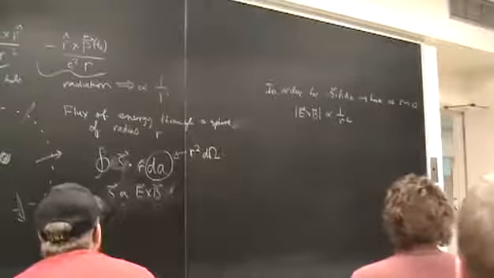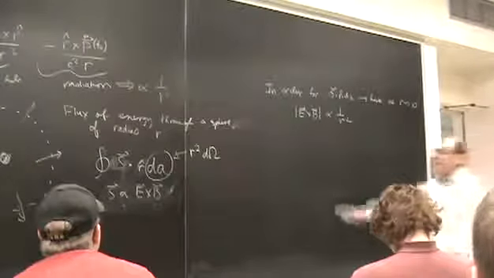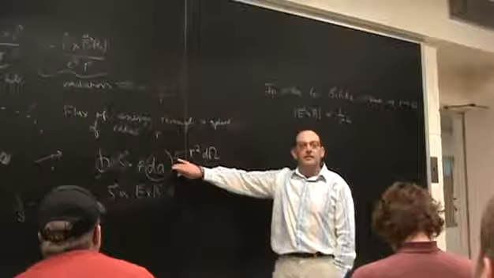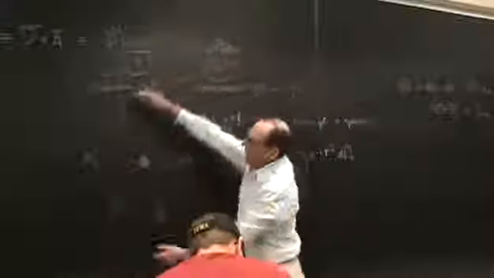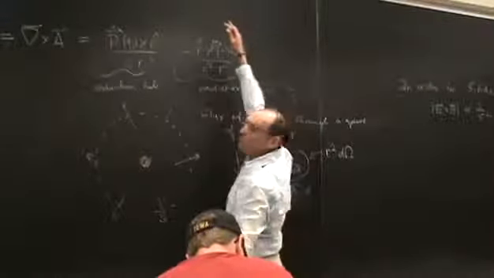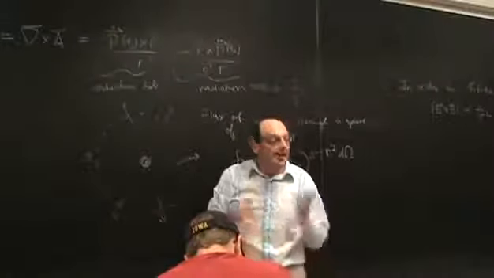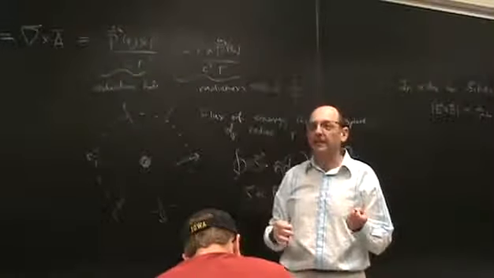So that the product of E cross B and this is a constant, so that whatever energy is radiated through that surface, no matter where the surface is. That's what we call radiation.